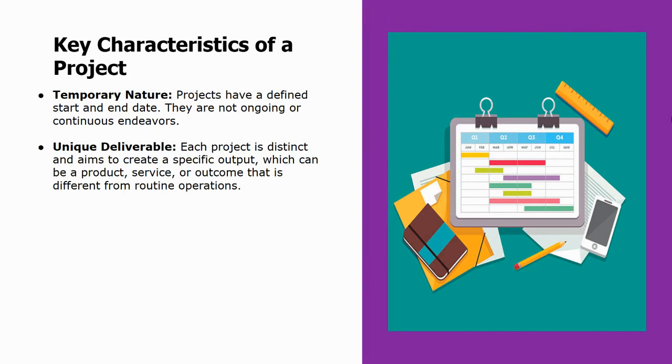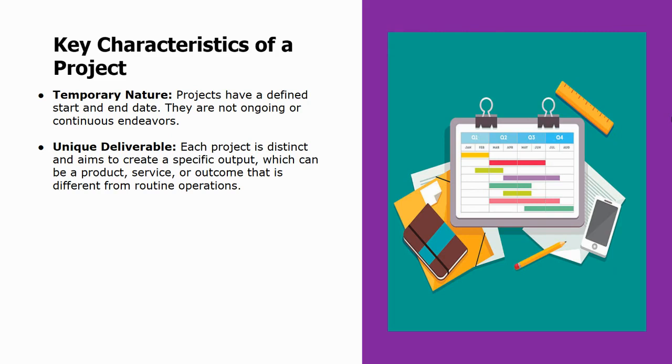A project also delivers unique deliverables. Each project is distinct and aims to create a unique or specific output, which can be a product, service, or outcome that is different from routine operations.